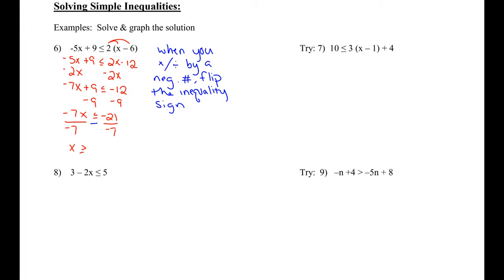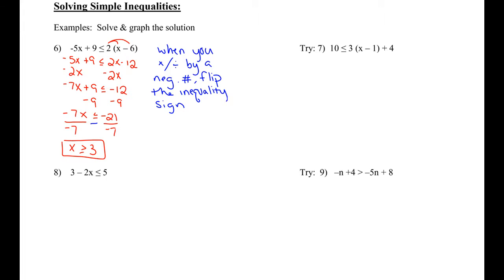For this, we need to remember that when you multiply or divide by a negative number, you need to flip the inequality sign. That means that I'm really going to get x is greater than or equal to 3.